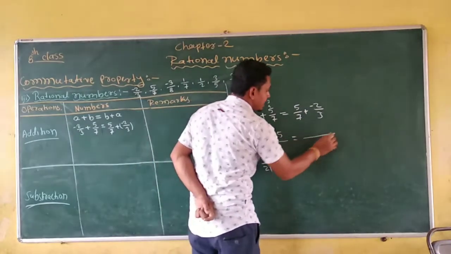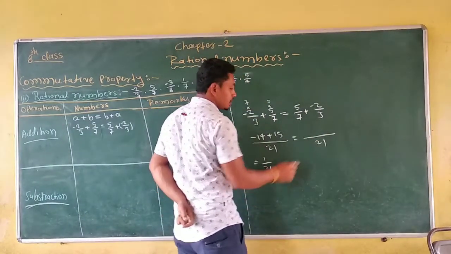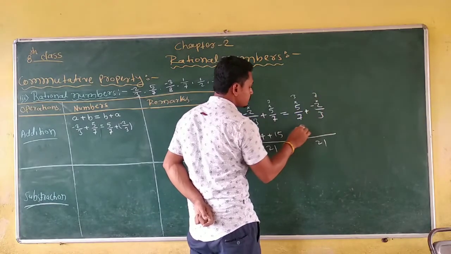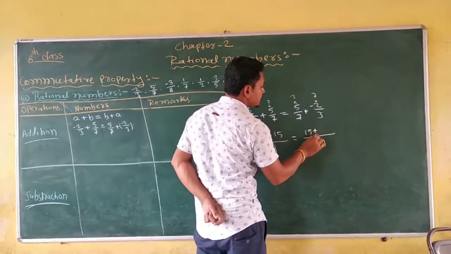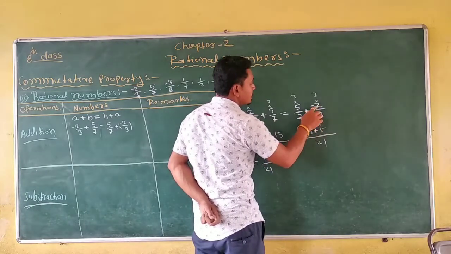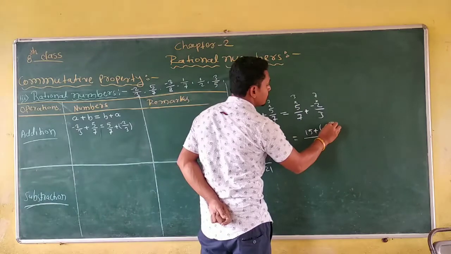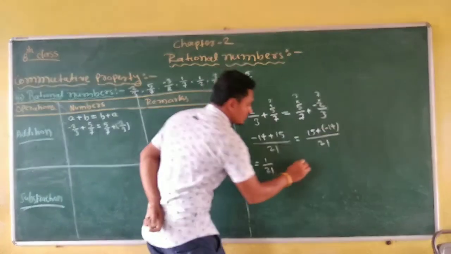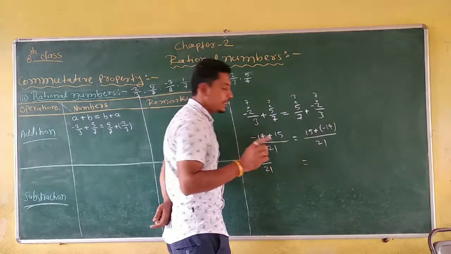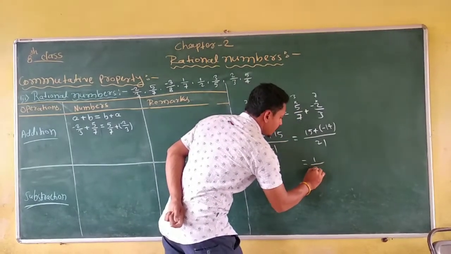Next, the right hand side. Here the LCM is 21, multiplying by 3 and by 7. So 15 plus minus 2 into 7, minus 14. Therefore plus 15 minus 14 is equal to 1 divided by 21.